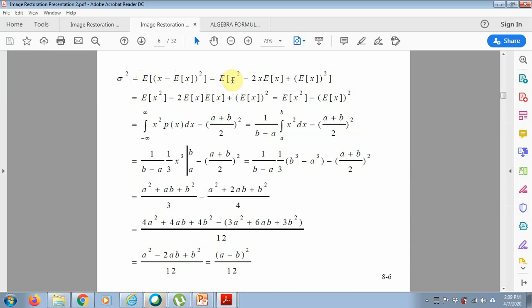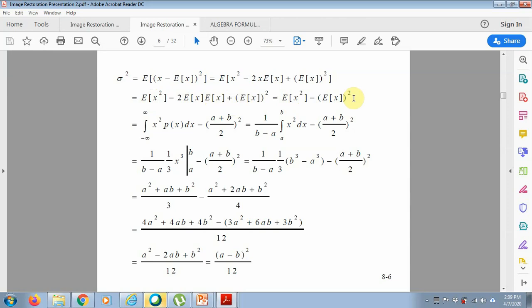So you will have the expected value of x square minus 2 E[x] E[x] plus E[x] square. So E[x] square minus 2 E[x] square plus E[x] square will be minus 1 E[x] square. So you will be left with E[x square] minus (E[x]) the whole bracket square.